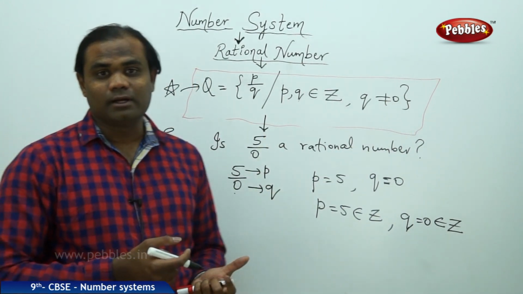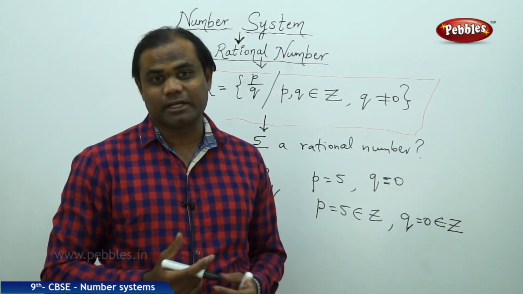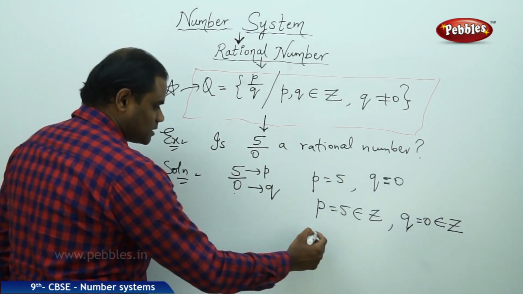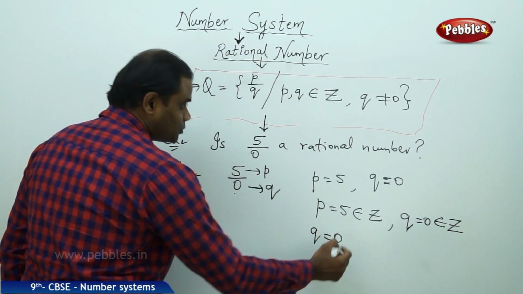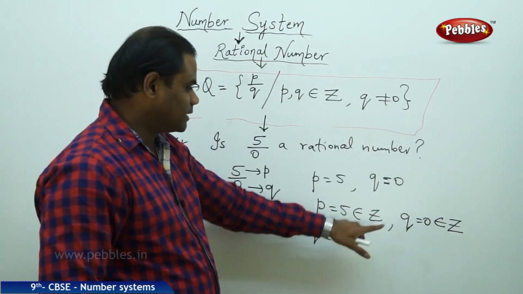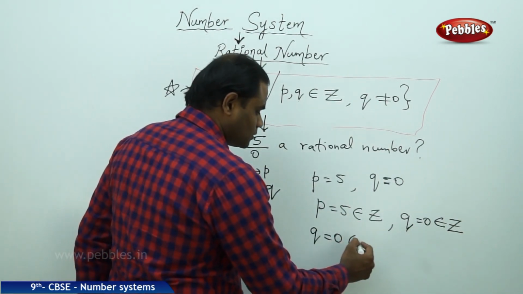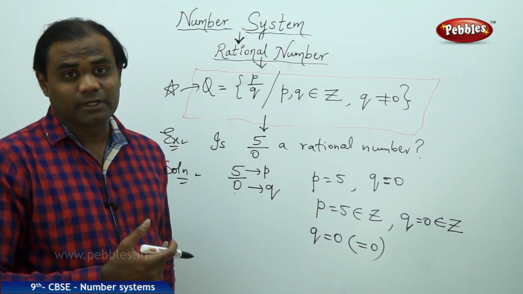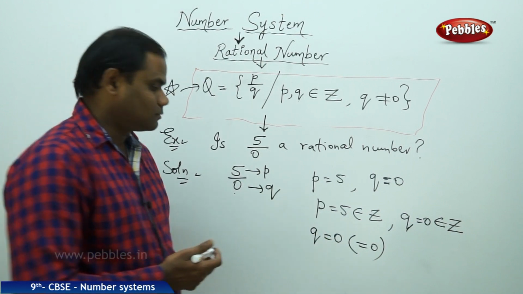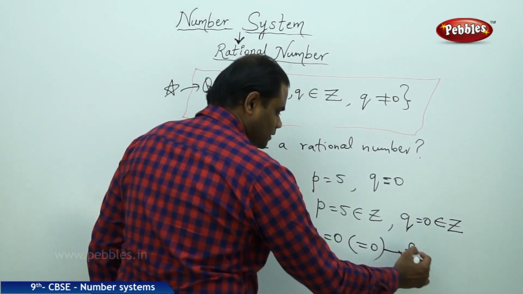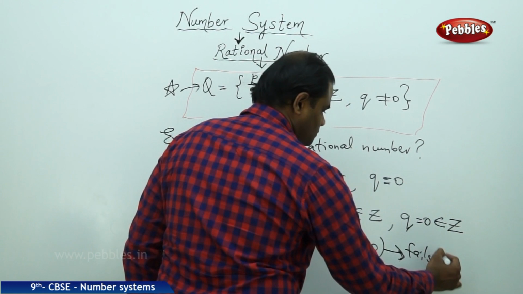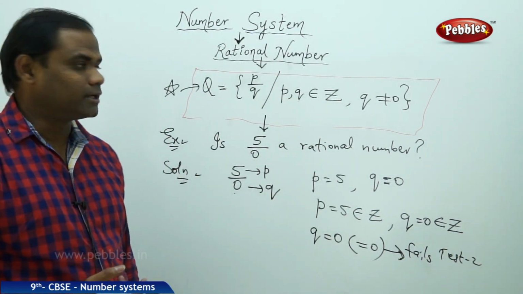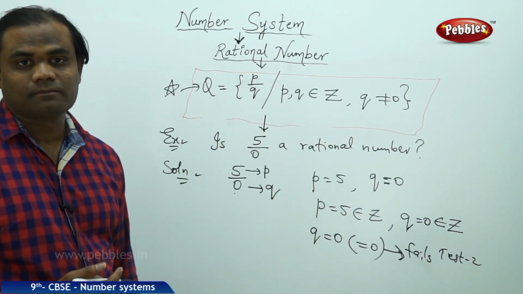Coming to P and Q, test number 2 says Q should not be equal to 0, but I clearly have Q equal to 0, and therefore this fails test number 2, and therefore it cannot be a rational number.